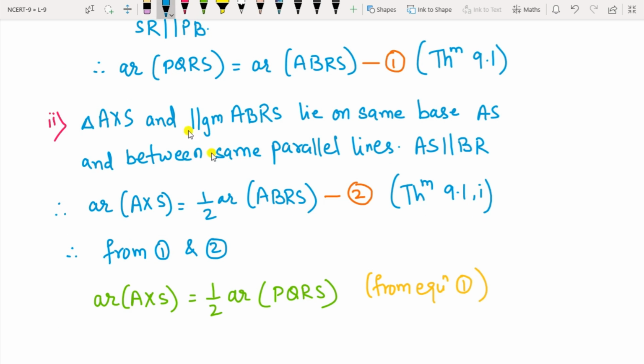So from equation 1 and 2 we can say that, since this is equal to this, in place of this ABRS we can write here PQRS. Okay, so in place of ABRS we have written here PQRS, that is from equation 1. That was the required expression.